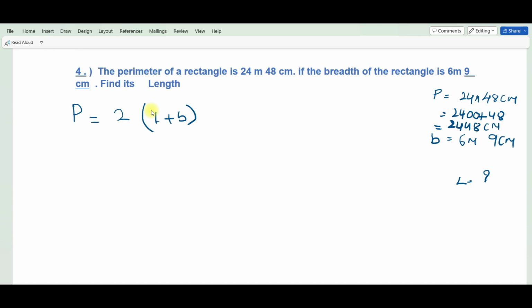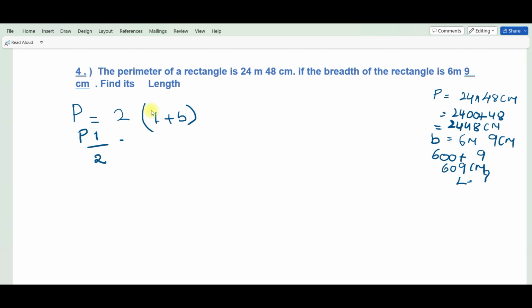Similarly, you will have to convert this breadth also. For 6 meters, it would be 600 centimeters plus 9 centimeters, so it would be 609 centimeters. Now we have to find out the L here. So I bring the 2 to this side, which will be P times 1 by 2, because I'm bringing the 2 towards this side.